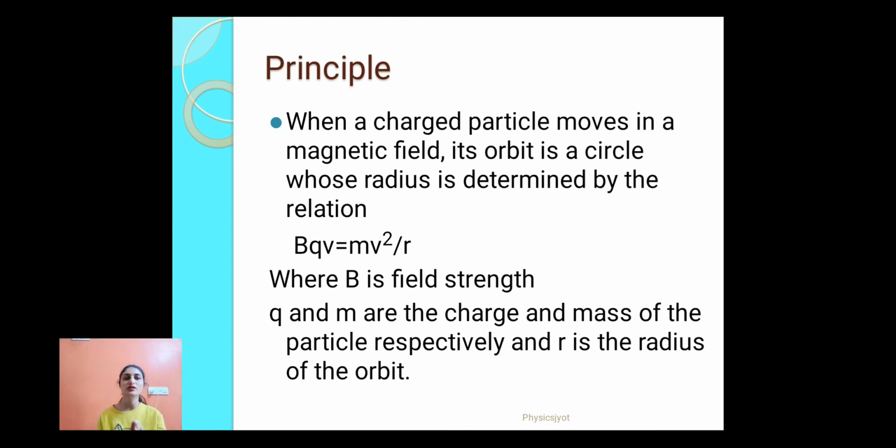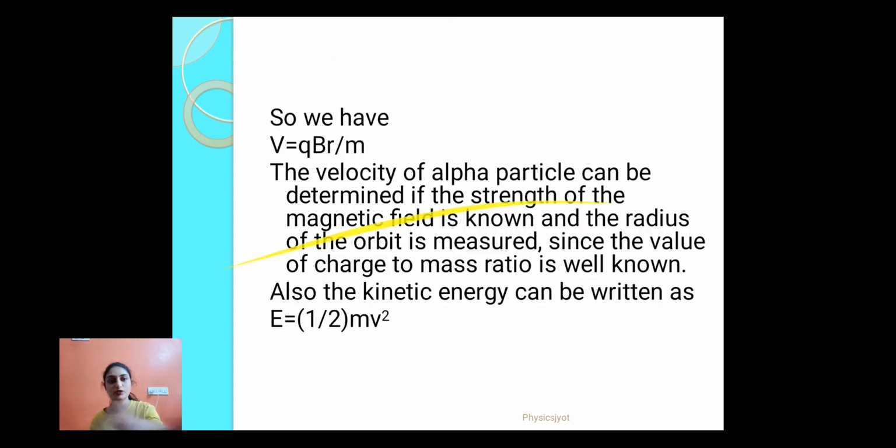That is how you can determine the radius of the circular path, where B is the magnetic field strength, q and m are the charge and mass of the alpha particle, and r is the radius of the orbit. So what we are getting here, v, this is small v, v equals to qBr upon m.